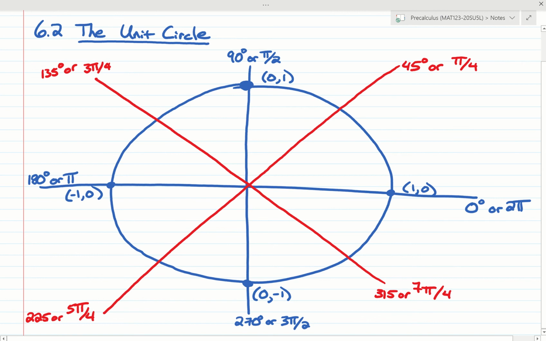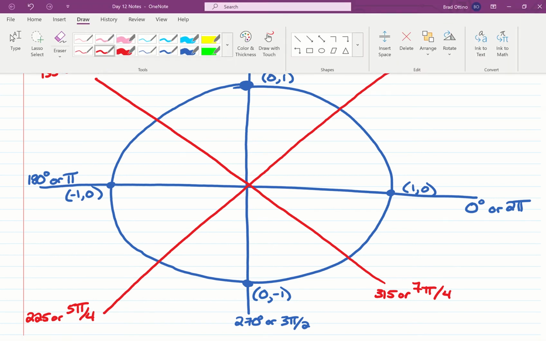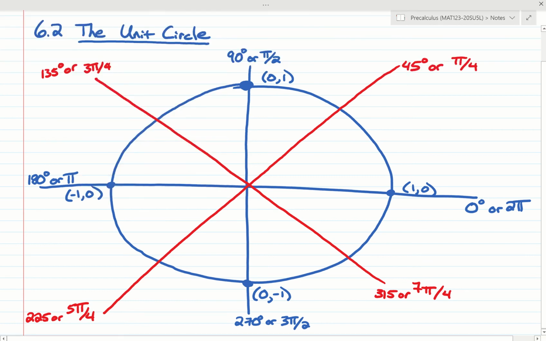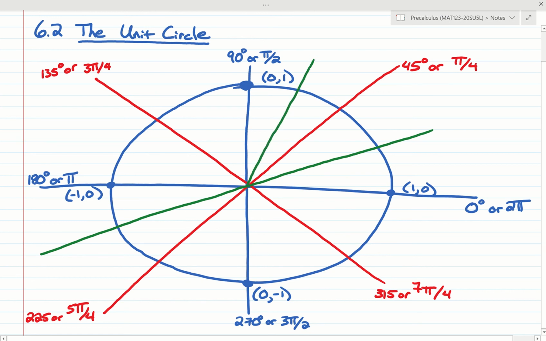Let's go up by increments of 30, which will also give us increments of 60 along the way. So we'll do this in green. I'm just going to draw a 30-degree line, like here. I'll draw another 30-degree line right here. Draw another 30-degree line.